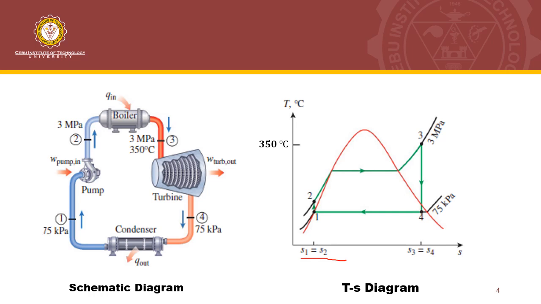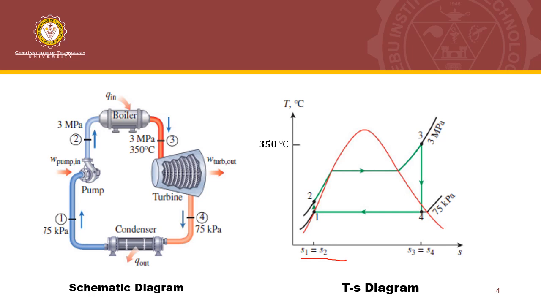It is also worth mentioning that the area inside this green curve here that you can see, or the area of this cycle, represents the net work of this cycle. So if you want to have a greater net power output or net work output, you also have to design the power plant in such a way that the area inside this green cycle is larger.